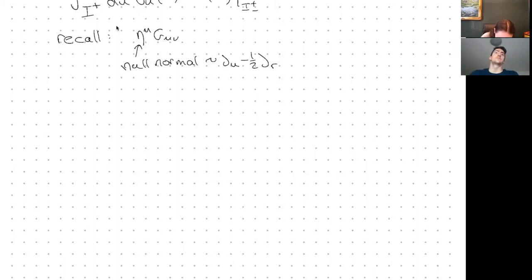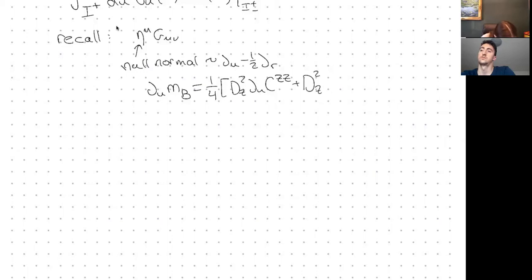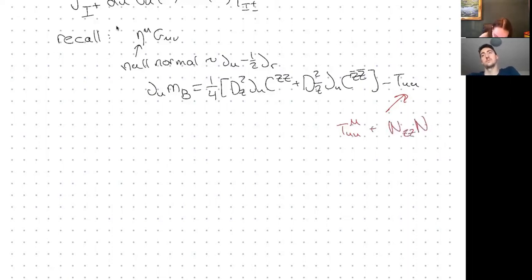I have that the u derivative of the Bondi mass equals 1/4 of d_z squared d_u C_zz plus d_zbar squared d_u C_zbar zbar, minus T_uu. Here I took a kind of quick route, where this is the matter T_uu plus terms like N_zz N_zbar zbar, and I'm being a little schematic with the factors.